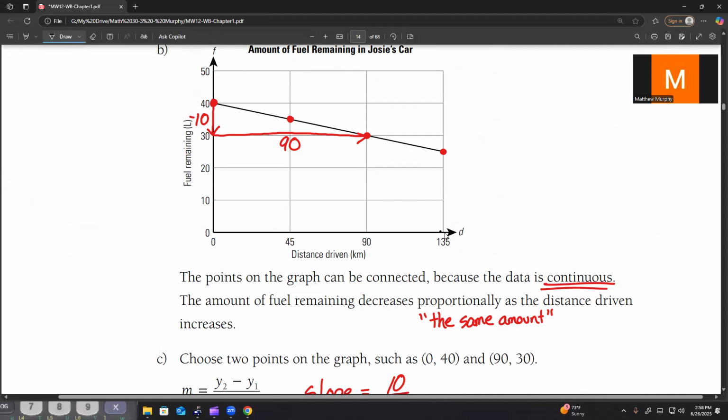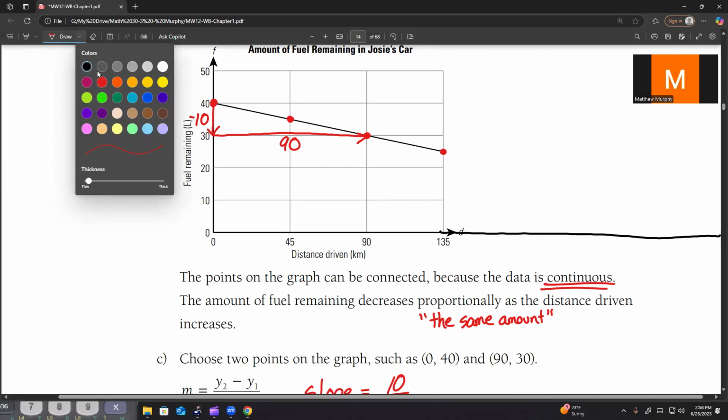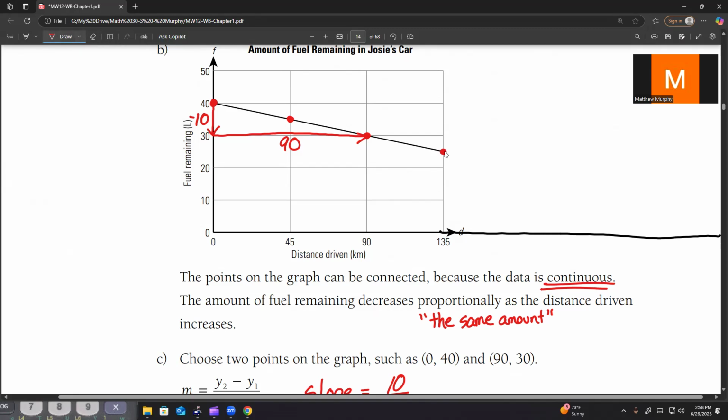So if you extended this, what they're saying is, can you predict? And this is how, in some of your cars, it will say how many liters of fuel are remaining. It's kind of the same idea, right? It's kind of predicting how much you're going to have left.